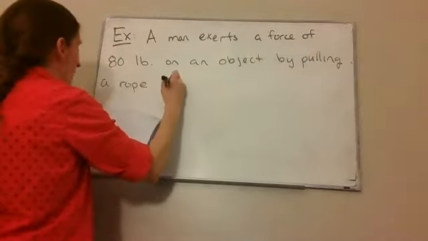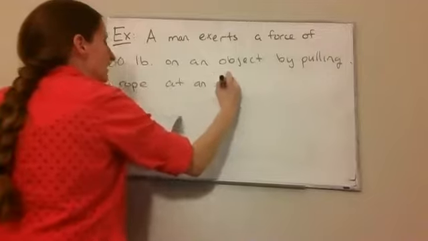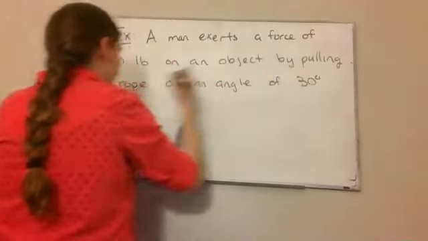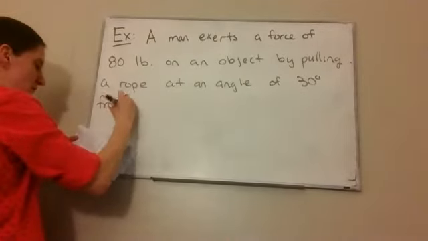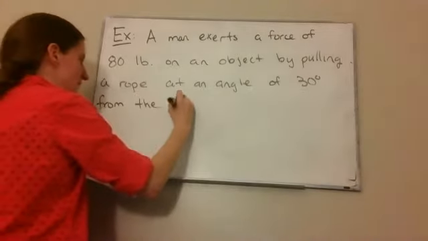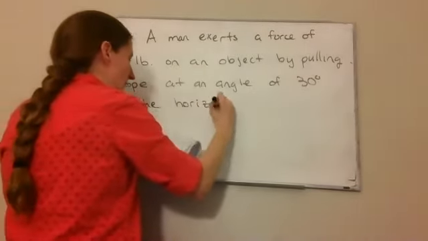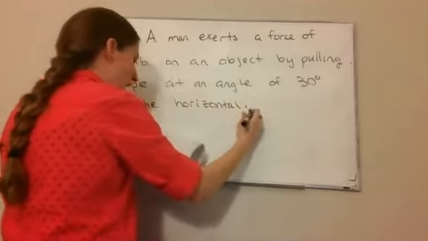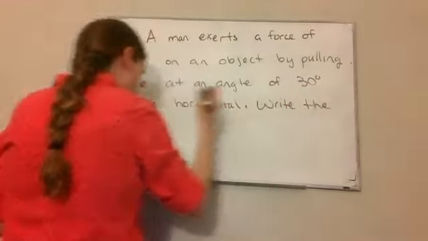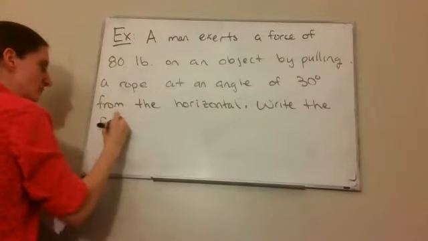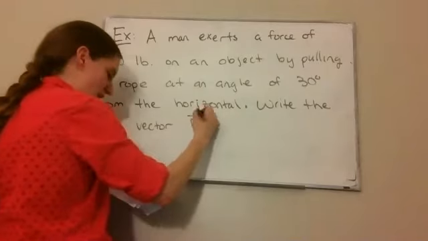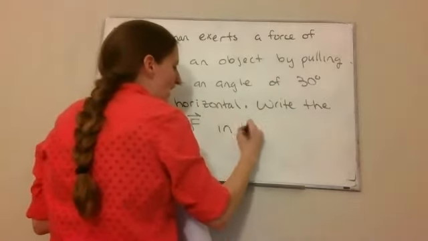And he's pulling this rope at an angle of 30 degrees from the horizontal. We are going to write the force vector F in terms of i and j.